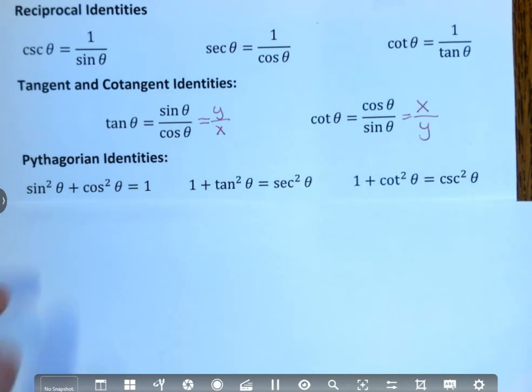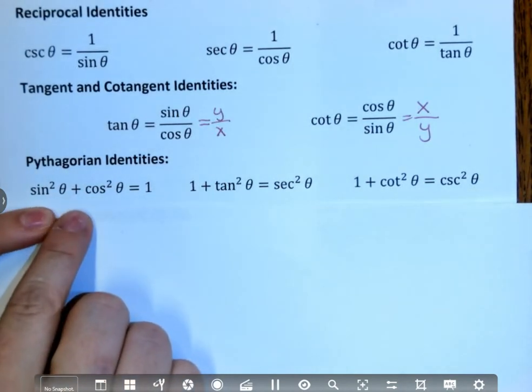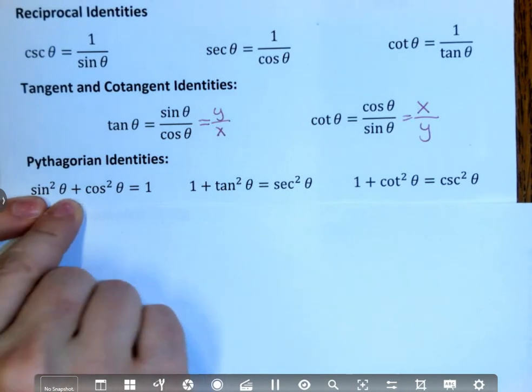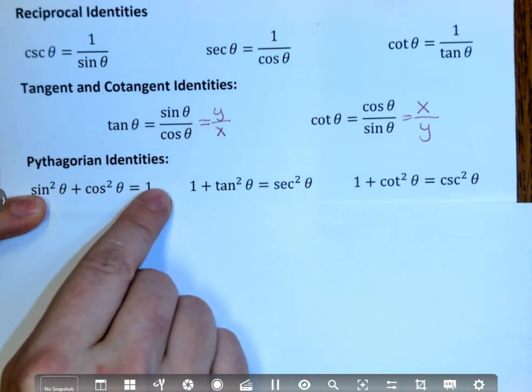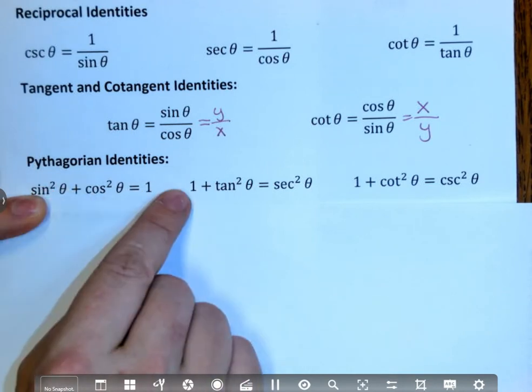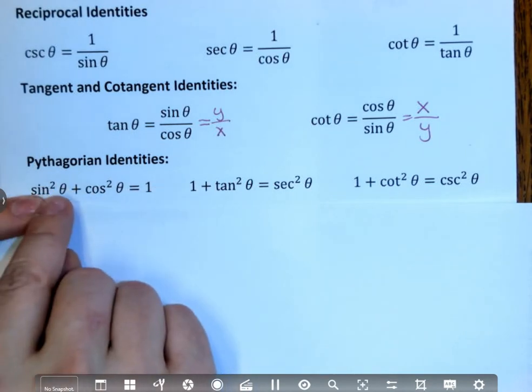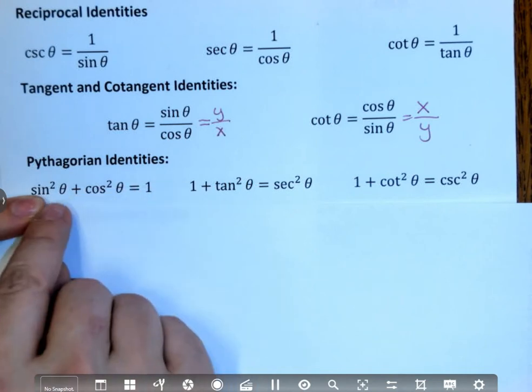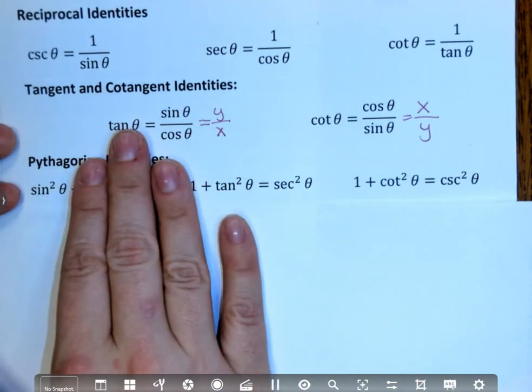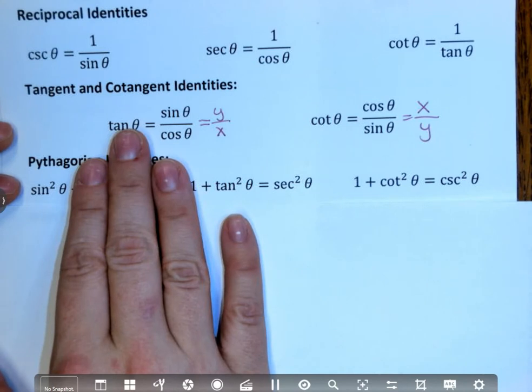When we're looking at this, I want you to just think through this with me. I can divide everything here through by the same number without changing what its value is, right? If I divide everything by 2, it's still the same. If I times everything by 6, it's still the same. What if I were to divide that by sine squared? What is something over itself? 1.